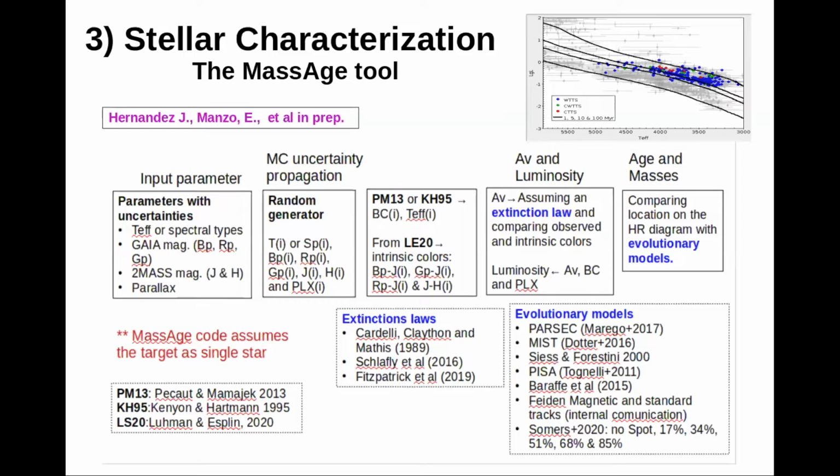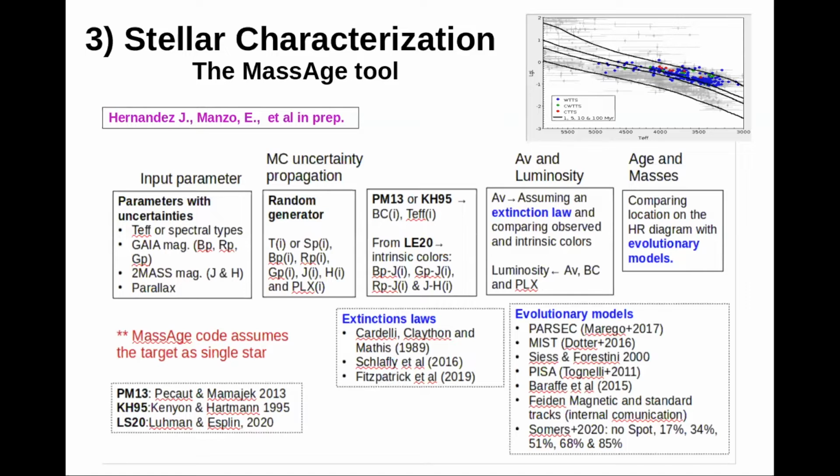Once we locate the star on the HR diagram, we obtain stellar masses and ages by comparing with a chosen evolutionary model. So far, MASSAGE includes these evolutionary models that are in this presentation. We implement a Monte Carlo uncertainties propagation method to obtain error bars in the estimated parameters.